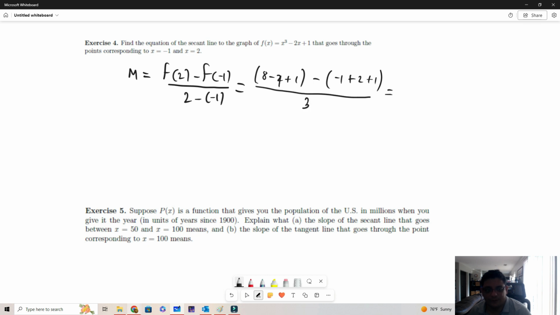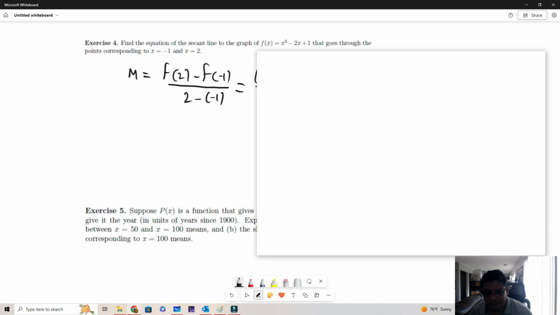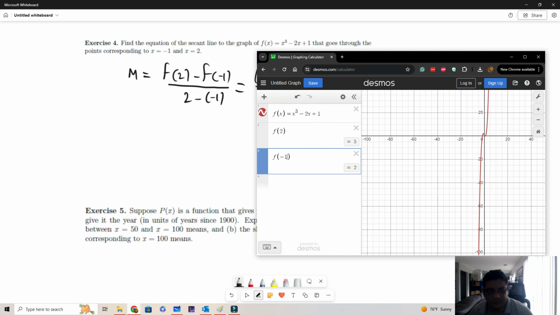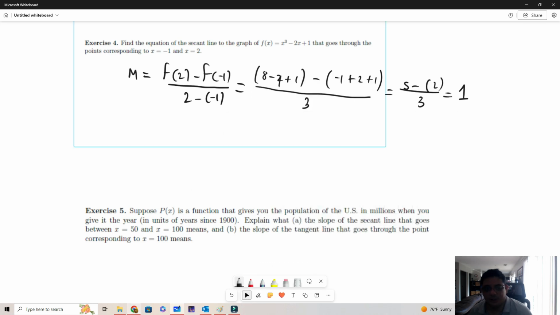And so this is 5 minus 2 divided by 3, which is 3 over 3. This is 1. And that coincides with the values we're getting here, 5 and 2. But this is something you can do by hand. If you're doing an exam where you cannot use a calculator, you can still do this by hand.